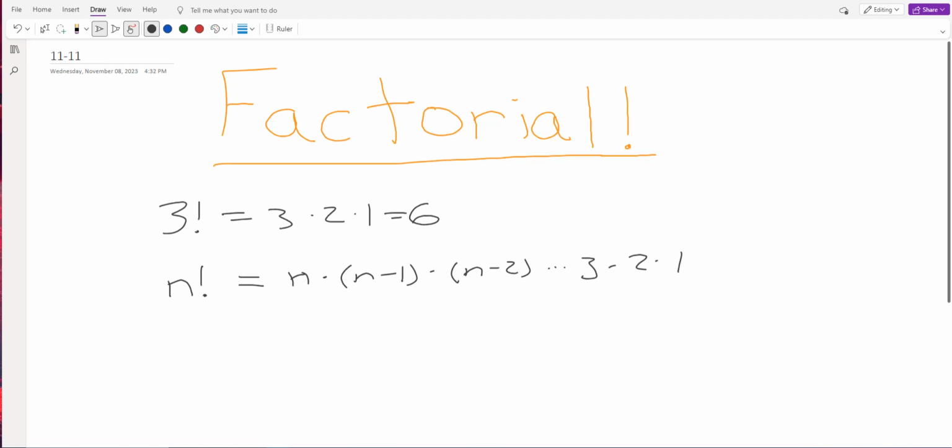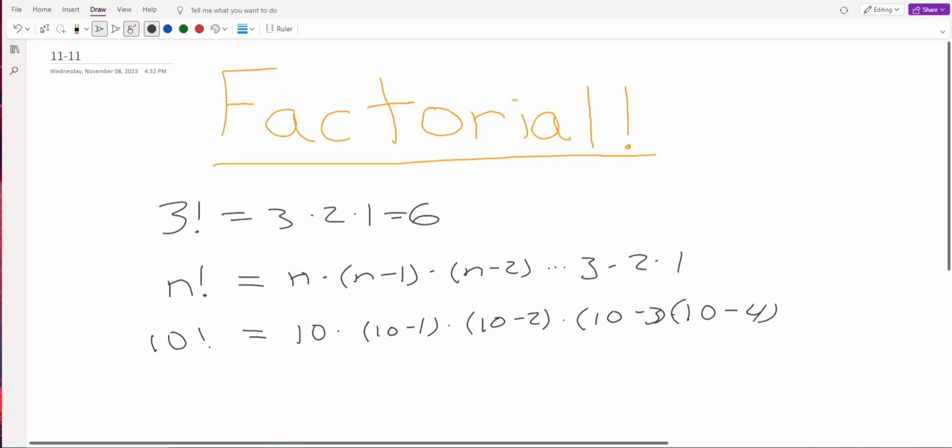And so we can go ahead and do 10 factorial, the example we gave earlier. So this would be 10 times 10 minus 1 times 10 minus 2 times 10 minus 3 times 10 minus 4, and we would keep going all the way down until we would get to 10 minus 9.